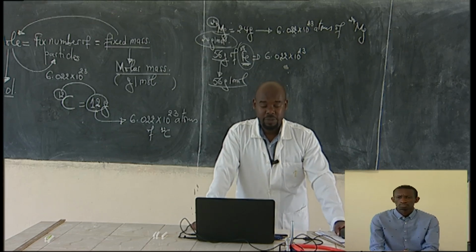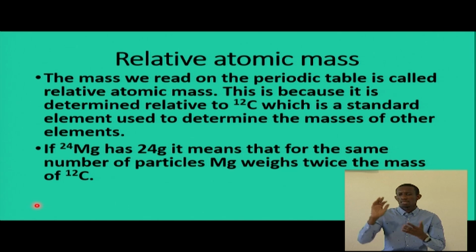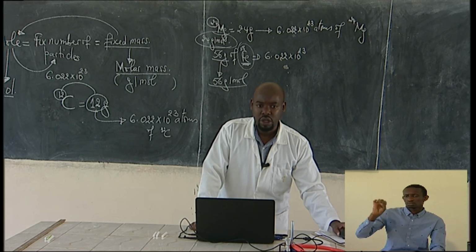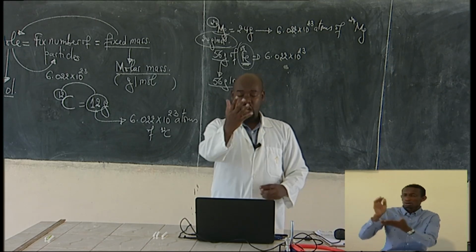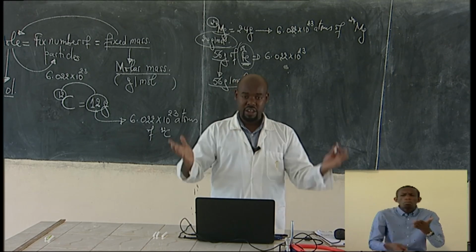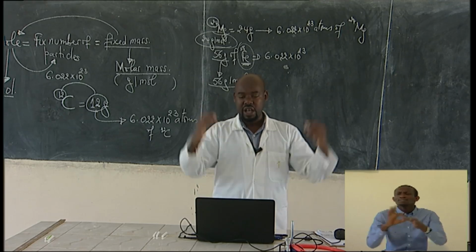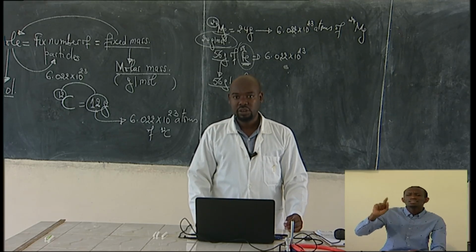Relative atomic mass. What do we call relative atomic mass? I hope you remember this. The mass we read on the periodic table is called relative atomic mass. Atomic mass, because we have the atom, but why is it called relative? You can imagine how difficult it is to measure the mass of those very tiny particles, the atoms.